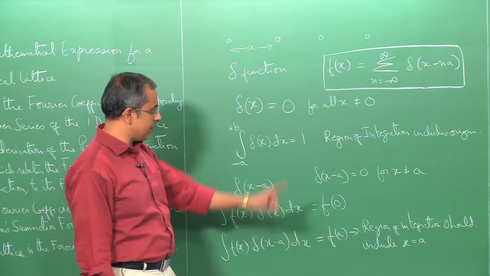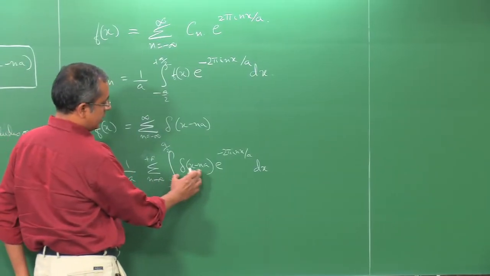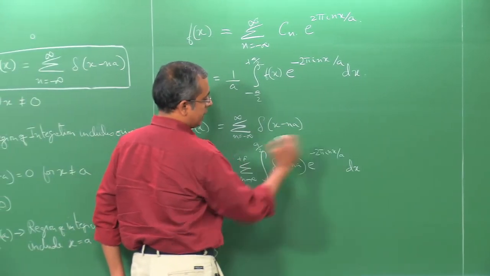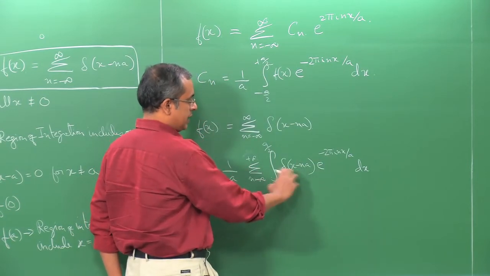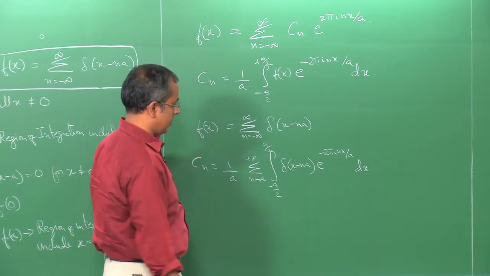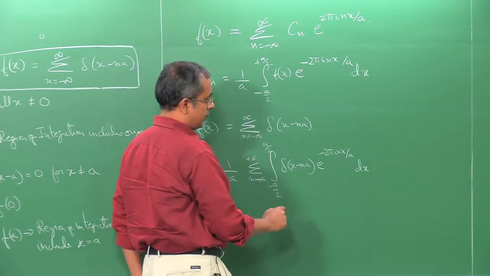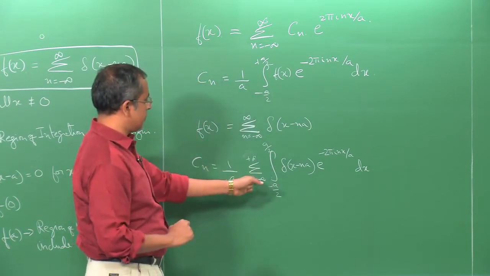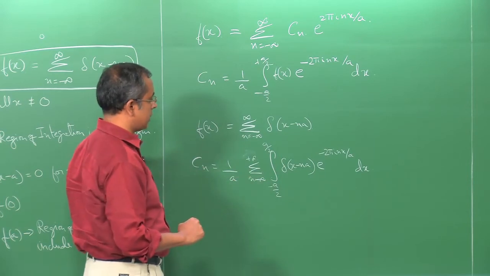The same property we are now going to utilize. Here we have the delta function and you have a function f of x here. As long as the region includes x equal to n a, this will evaluate to f of a, and correspondingly each of these terms will add at those respective locations.